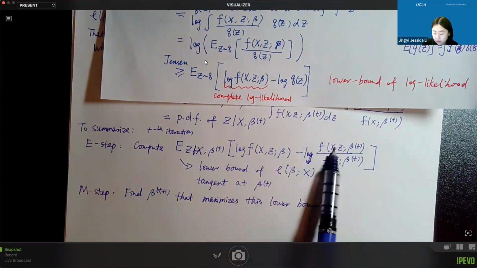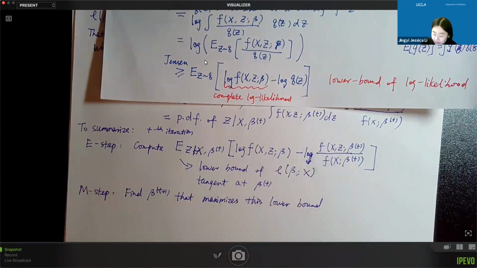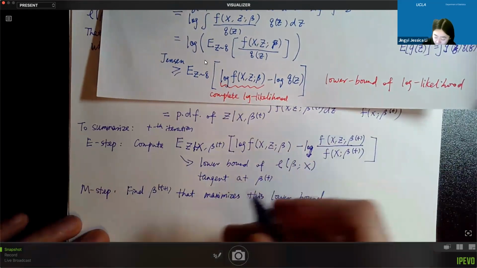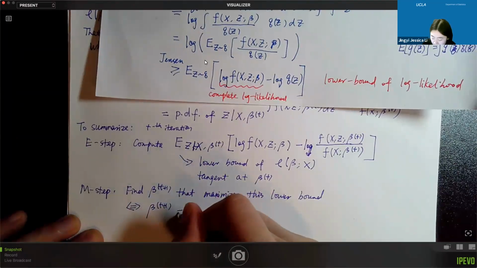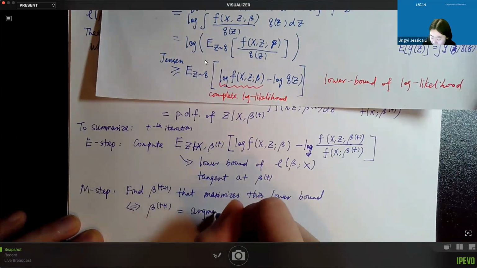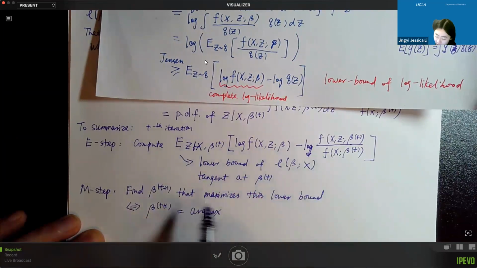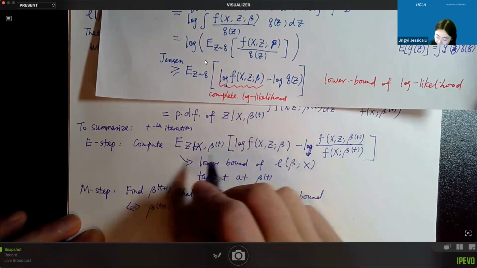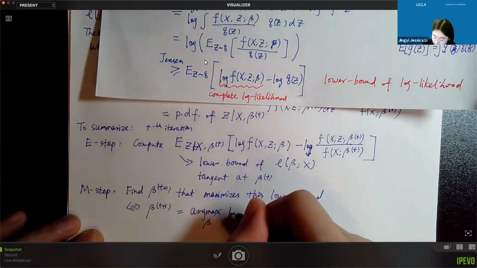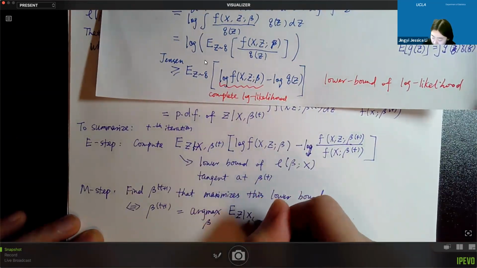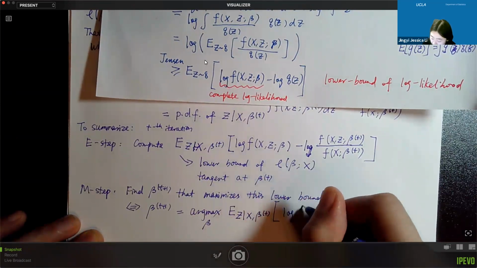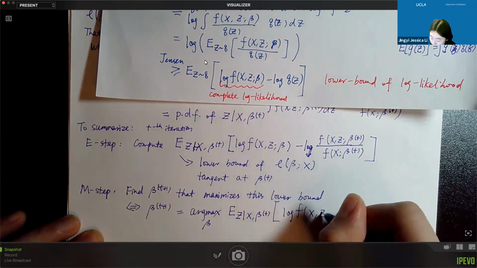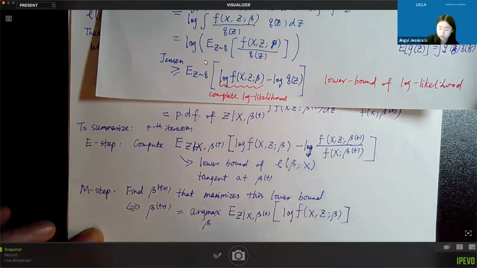The second term has nothing to do with beta. So it is equivalent to say beta t plus 1 should be the argmax of the first term, that is, the expectation of z given x and beta t of log f(x, z, beta). So we can drop the second term.